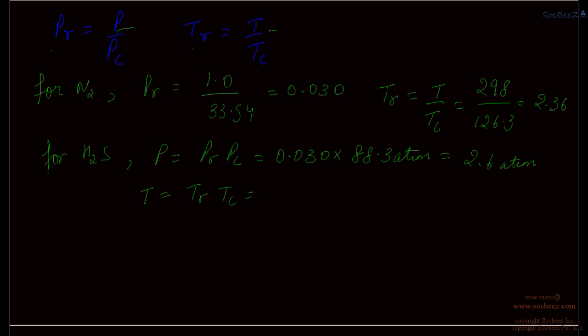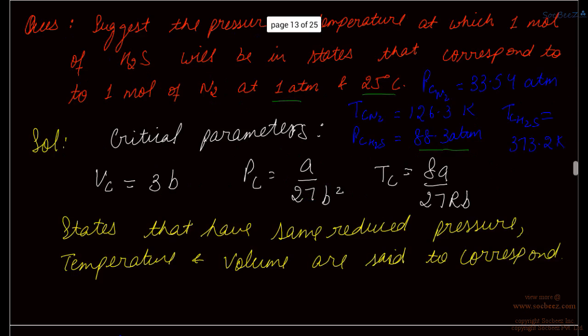Similarly, temperature equals Tr into Tc. Reduced temperature is 2.36. Critical temperature is 373.2 Kelvin, which gives 881 Kelvin.